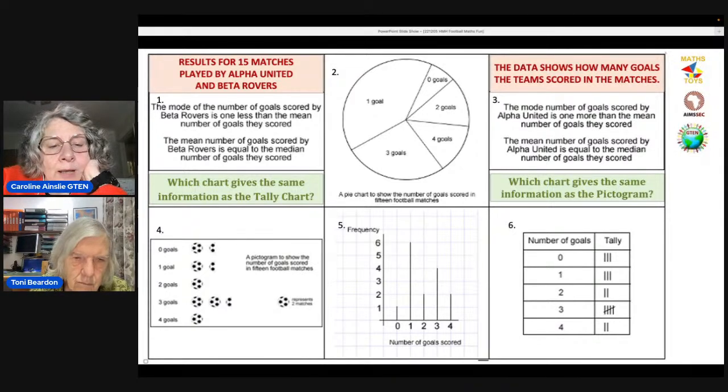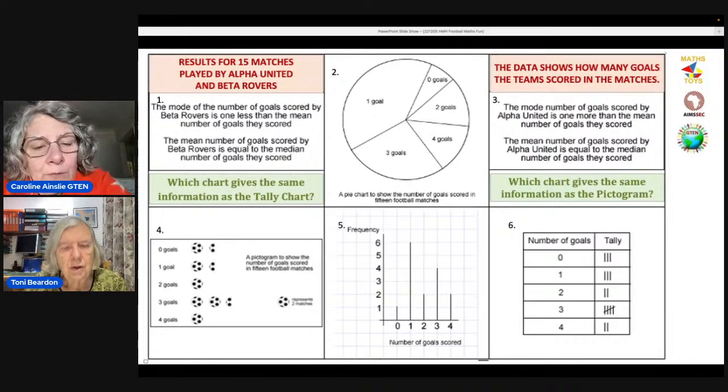And that would then match the pie chart, because the 1 goal is the biggest section. And then you look at the tally chart, and that shows you that the most common number of goals is 3, and that matches the pictogram.